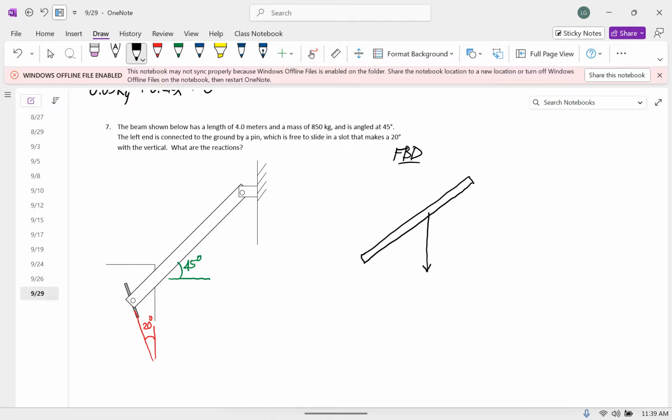But I'm skeptical. Okay, so 850 times 9.81 is 8338.5. And then there's a pin joint up here, so that's an unknown force vector. I'll call that RB.